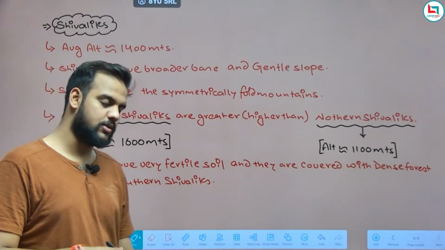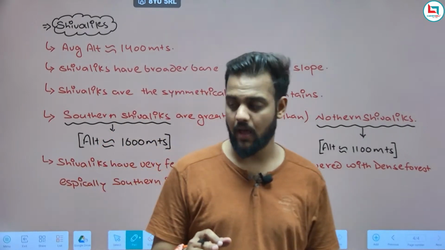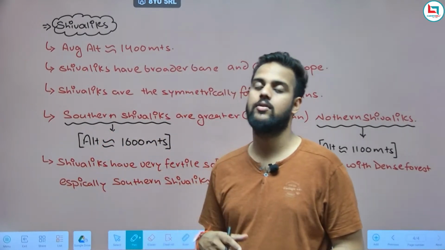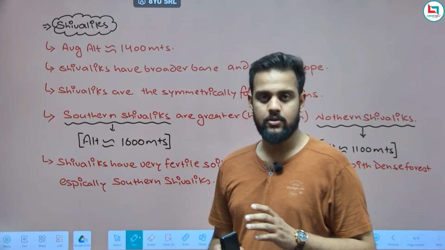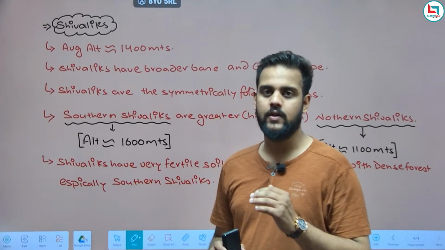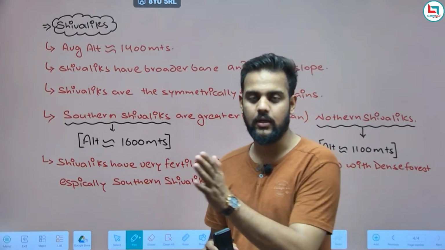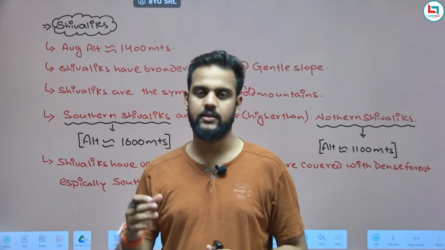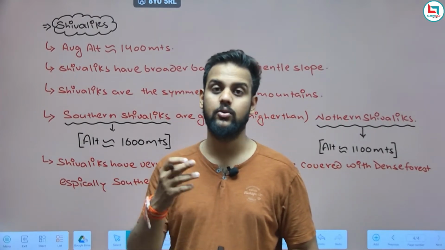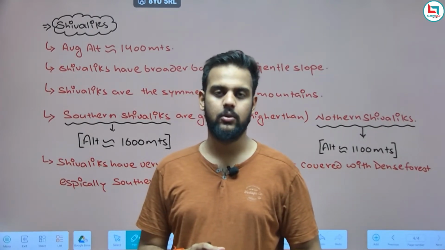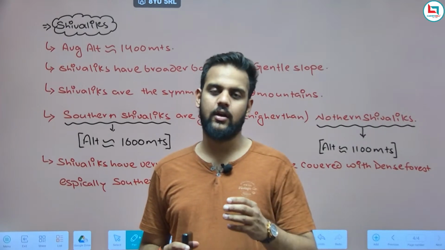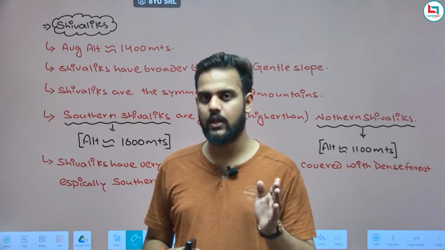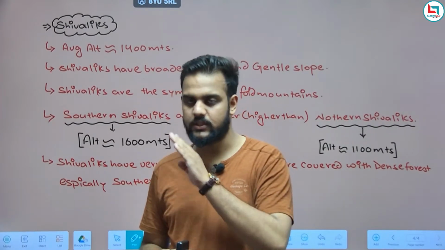And in southern Shivaliks or in Shivaliks, we have one of the highest biodiversity in India. So when you are reading the Hindu newspaper, there you find this particular species has been detected, a new species is being found. So those species are found either in Shivaliks or in the Western Ghats.